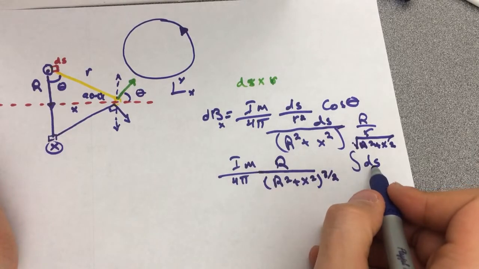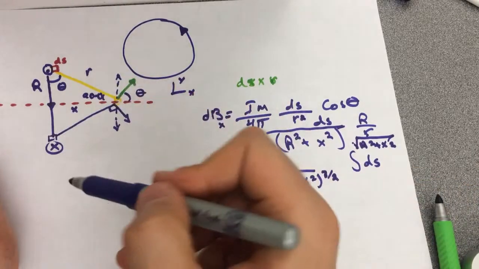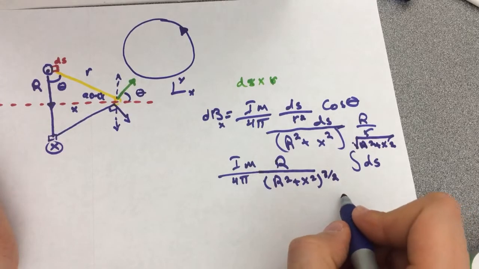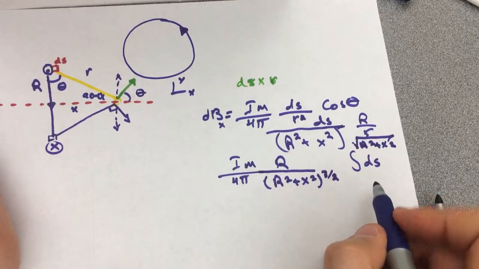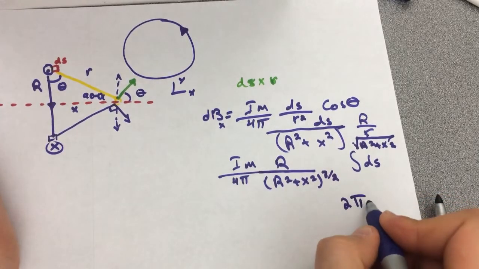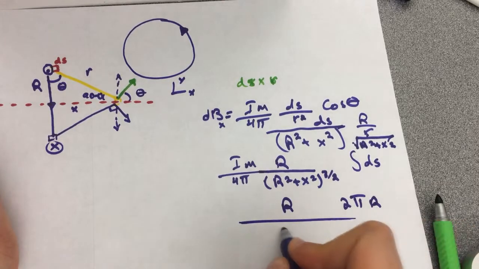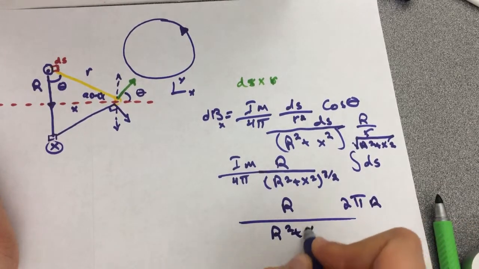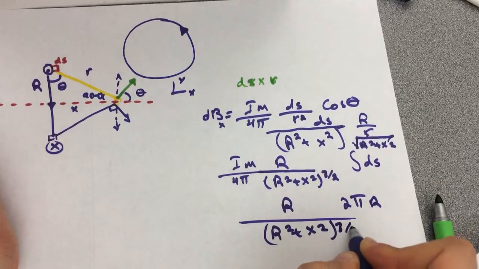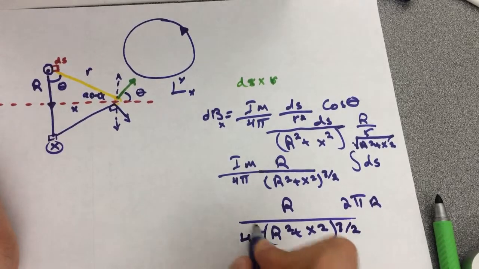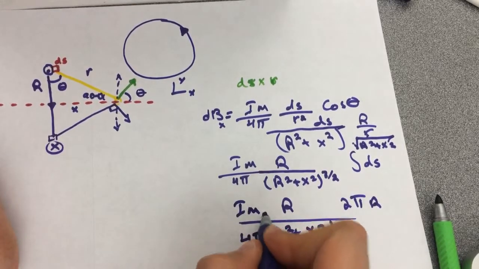Then the integral of ds, it's a circle, so it's 2 pi R, right? So it's 2 pi, and then the big R, and then we have here R, then R squared plus x squared to the power 3 divided by 2, and 4 pi, I, mu naught.